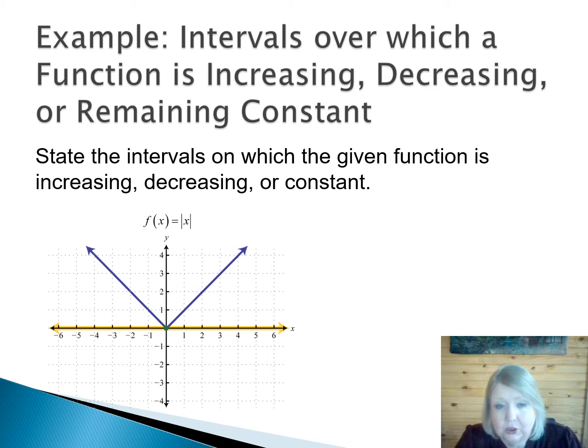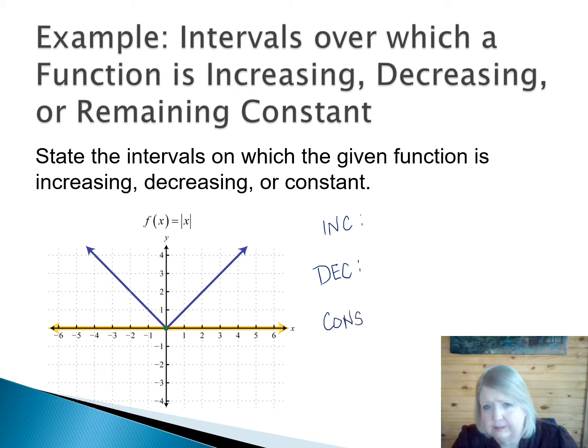Again, we're going to take a look at the absolute value function now, just to make sure we've got our definition down good. Increasing is when it's moving up from left to right. Decreasing is when it is going down from left to right. And constant is like a horizontal line. Okay?